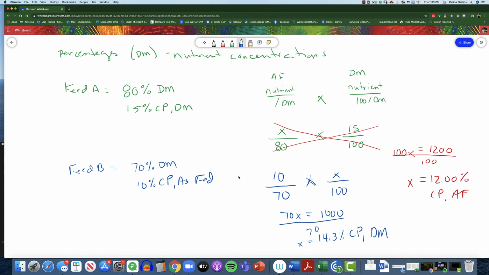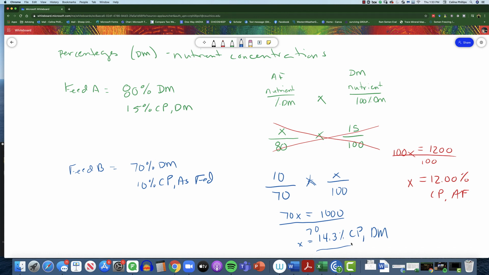We know that it's going to be the diluted value of 10%, so we probably need to get a larger number. And in this case, we did get a larger number because we removed the water and increased the concentration of protein just by removing that water and the dilution effect that it can have.